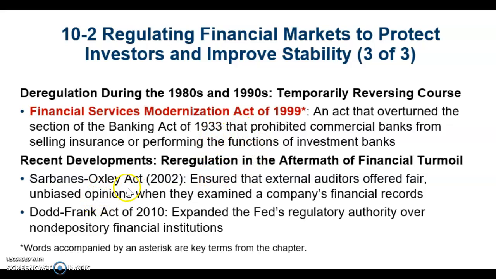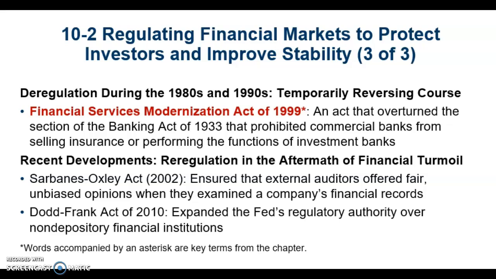We had the Sarbanes-Oxley Act of 2002, and we talked about that in the accounting chapter. I also talk about this a lot in the accounting class. It ensured that external auditors will offer fair, unbiased opinions when they examine a company's financial records. And that act is still in place.